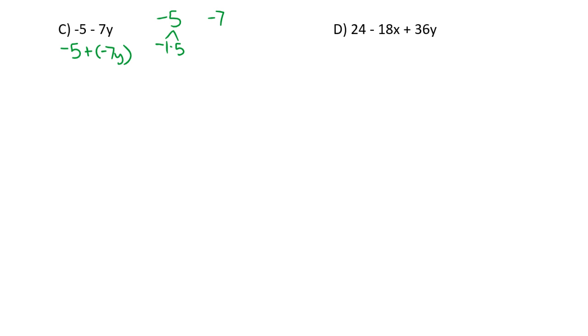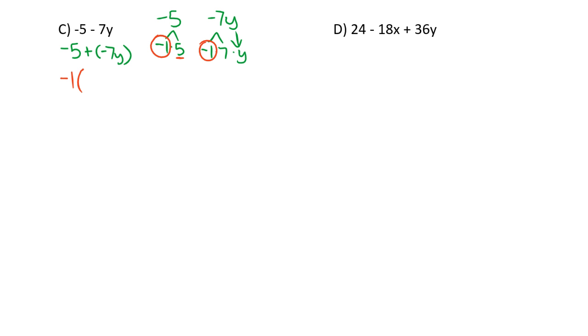Then our negative 7y is really just saying negative 1 times 7 times y. And really then we see that our only common factor is a negative 1. Now when we think about this, 1 is a common factor of every number, and in this case negative 1 is a common factor in both of these. Okay, so we put that out front.